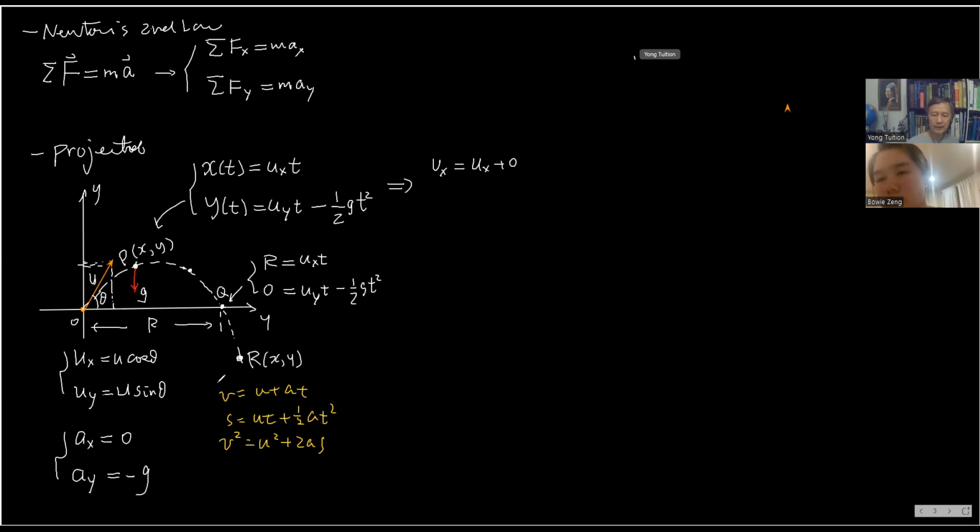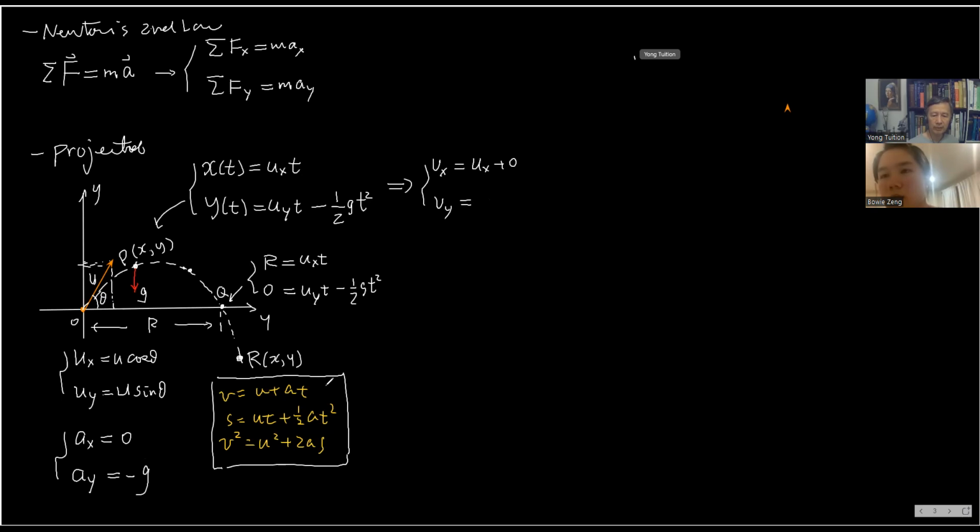This is the general formula for a not equal to 0. But in projectile motion, the x component of acceleration equals 0. And similarly, vy, you can work out the y component.